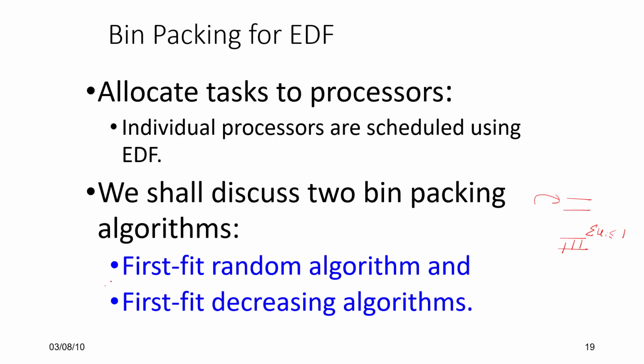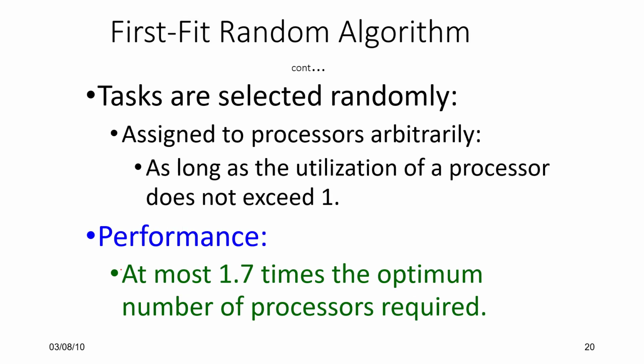One approach is first fit random and the other is first fit decreasing. In first fit random, the tasks are selected randomly and assigned to processors arbitrarily, as long as the utilization of a processor does not exceed 1. Experimentally, it was found that if the optimal number of processors required is n, this requires 1.7 n, which is fine.